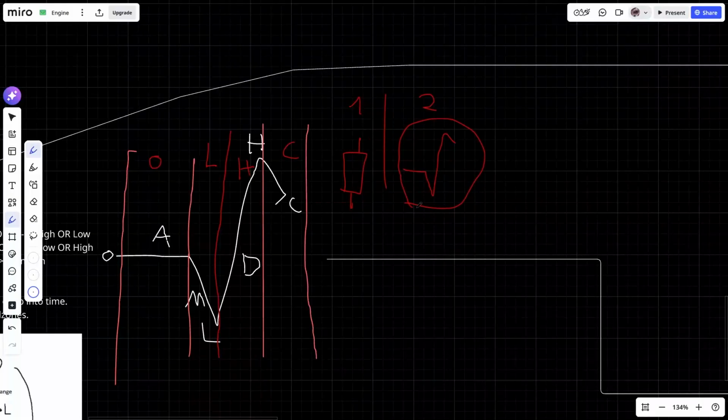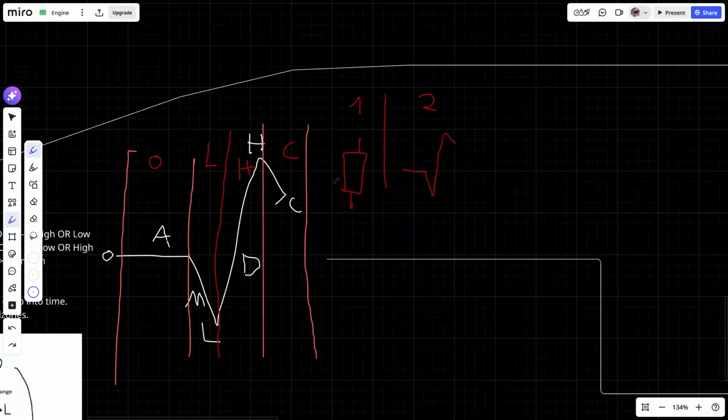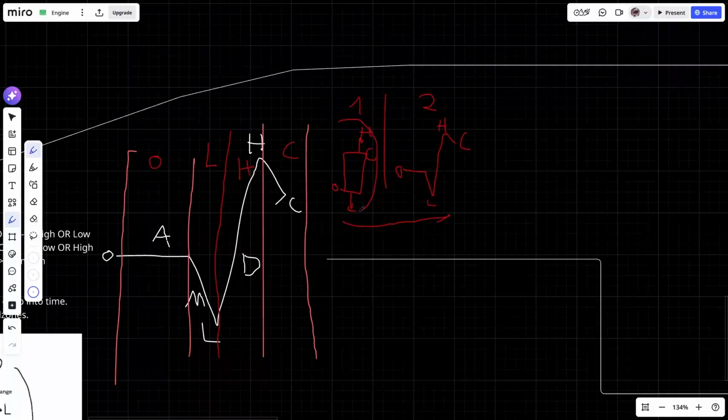This right here can be divided into 4 parts. This right here can be divided into 4 parts. So for instance, this is the open, this is the low, this is the high, this is the close. This here is the open, this here is the low, this here is the high, this here is the close. The only difference between these two is time frame. This could be an hourly candle.